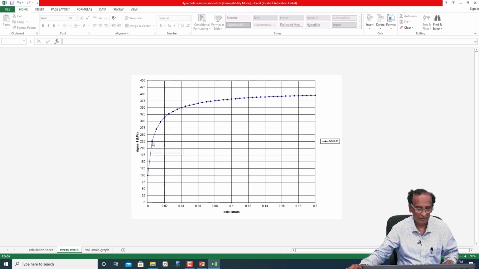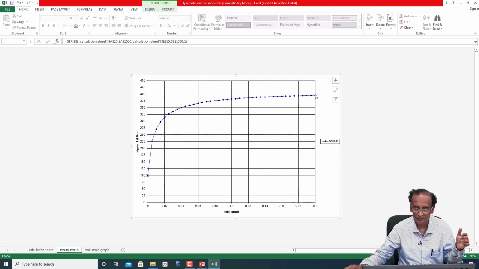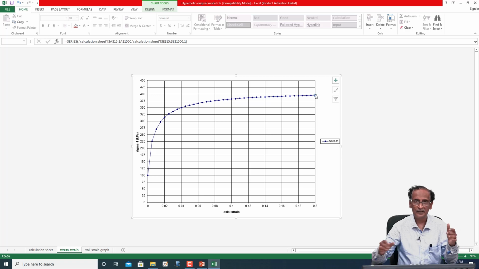It has increased to 225 and then 275 and so on. It is going on increasing, and at an axial strain of 20%, your sigma 1 has become 395, which is more than our shear strength of 334.